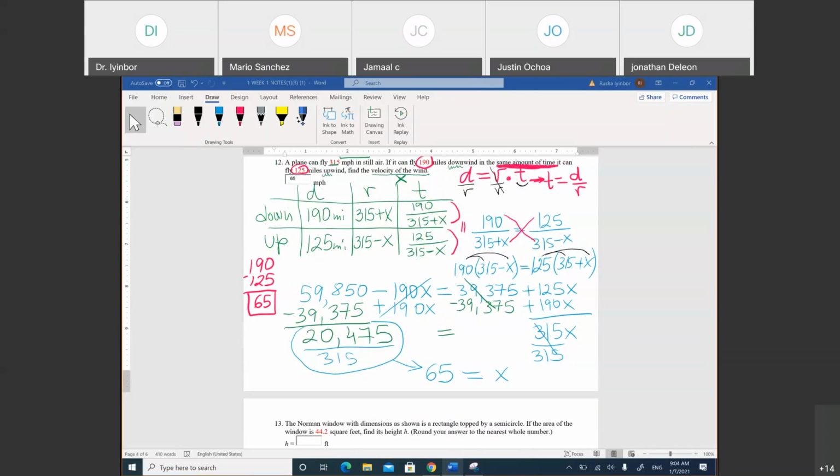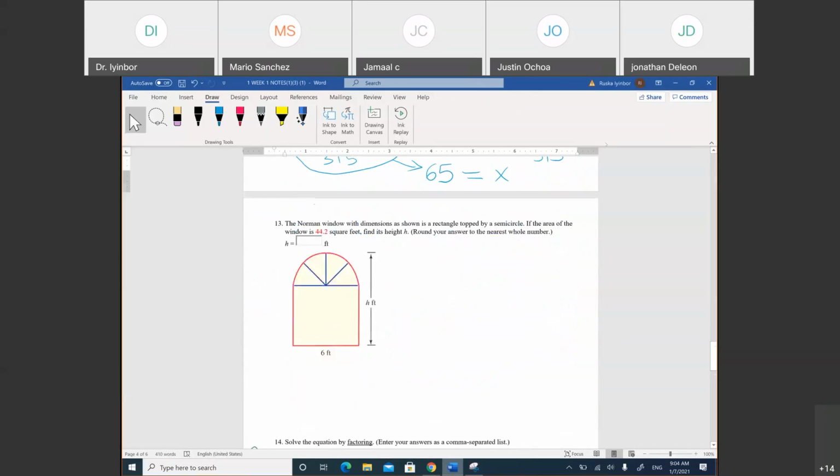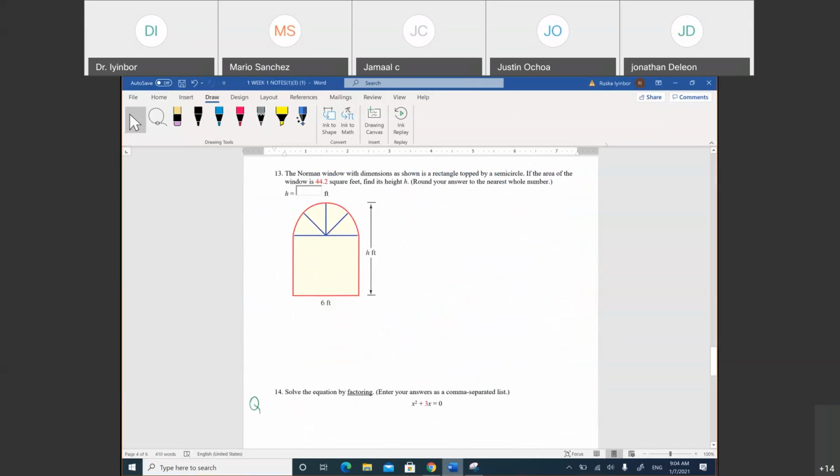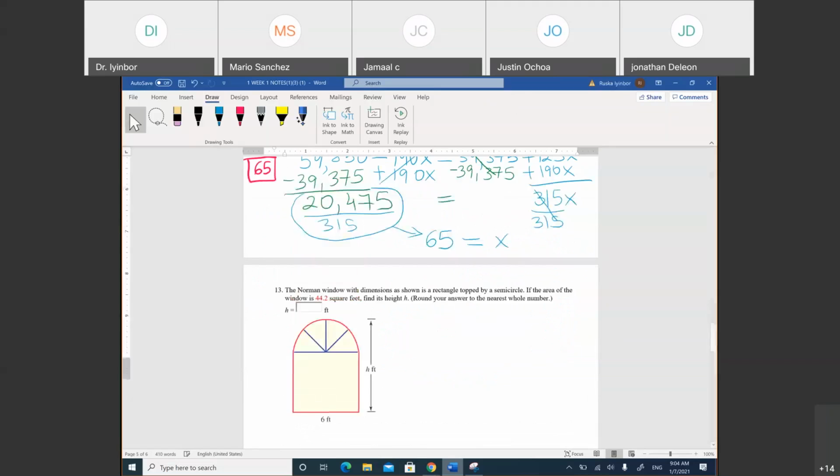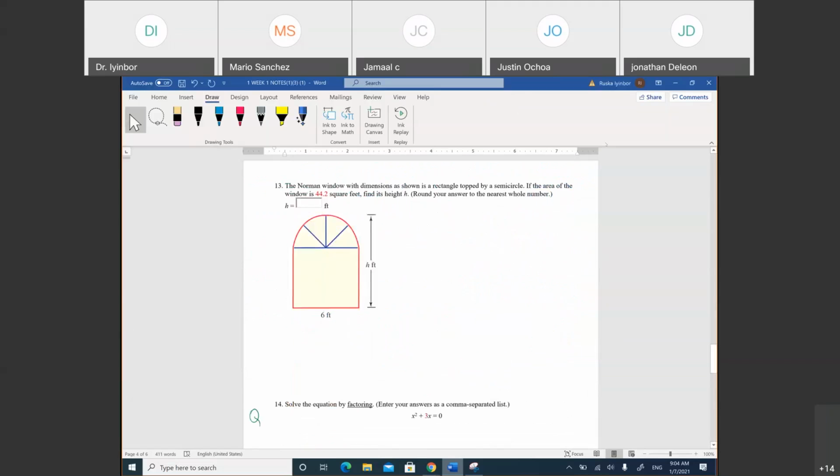So here we're going to continue with number 13 as the next one. We have this pretty normal window with the dimensions shown. It has a rectangular base, so this is important, it's not a square. Keep that in mind. The top is a semicircle.